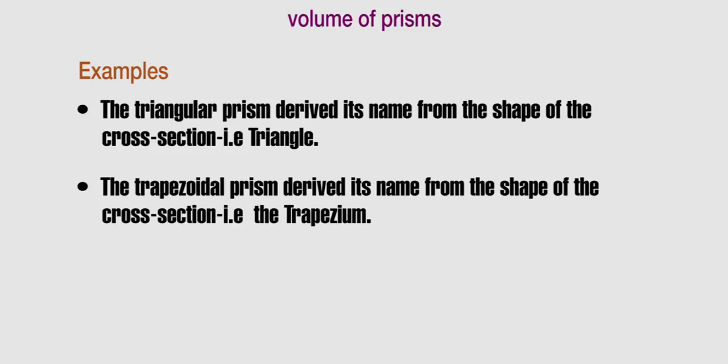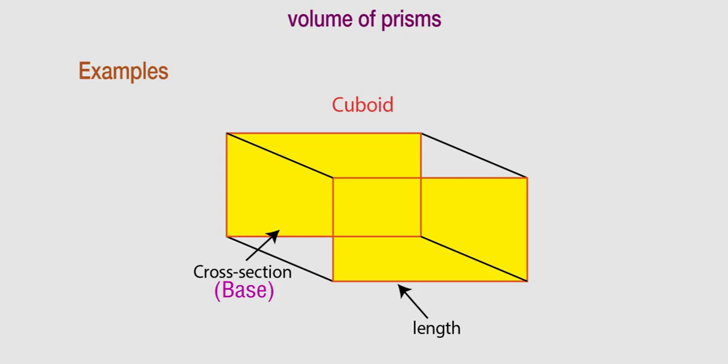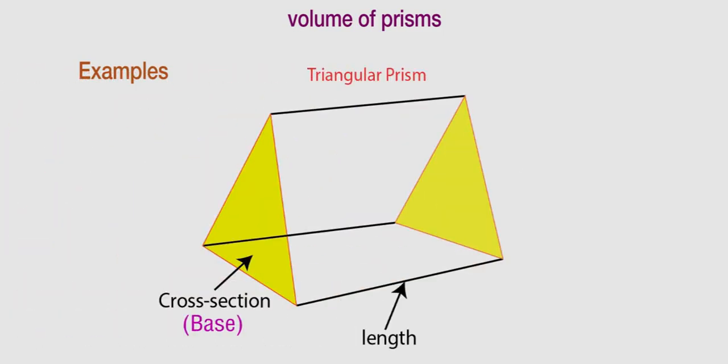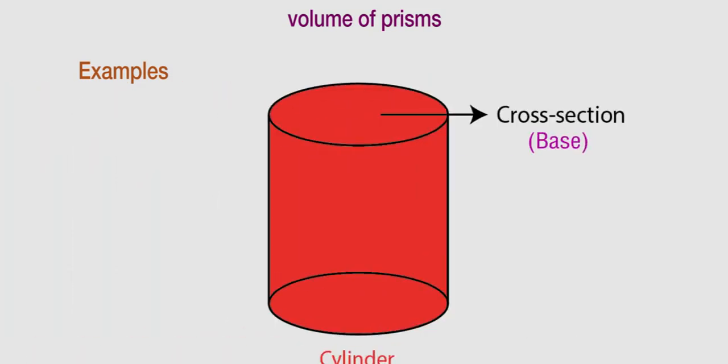That is the trapezium. Let us look at diagrams of some prisms. This is a cuboid which has a rectangular base. This is a triangular prism which has a triangular base. You can see a cylinder which has a circular base.